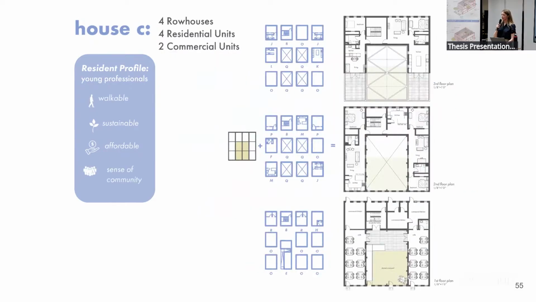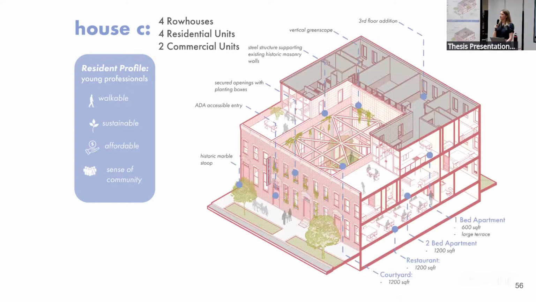Next, House C combines 4 row houses and also introduces a new program element of commercial units. So this row house has a large central courtyard around which the other elements are located. So there are 2 commercial units on either side here, and 2-bedroom and 1-bedroom apartments above, making them ideal for young professionals who want access to amenities.